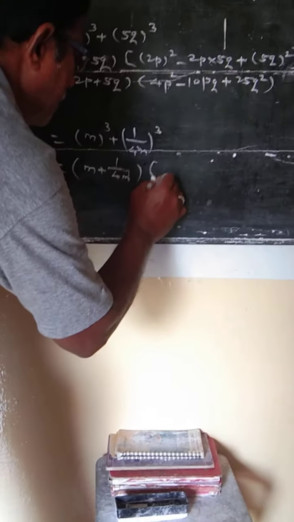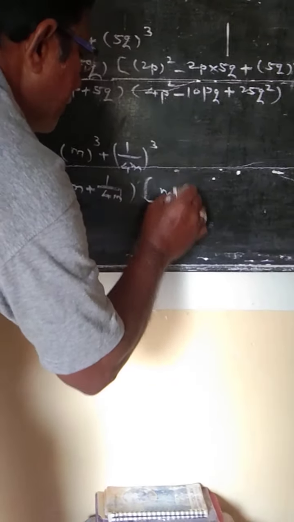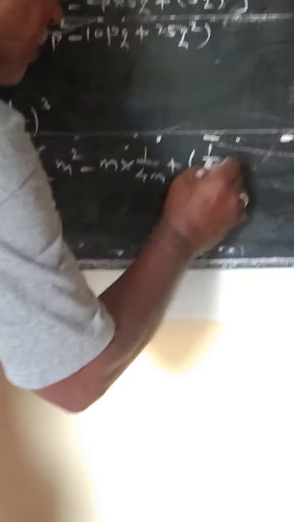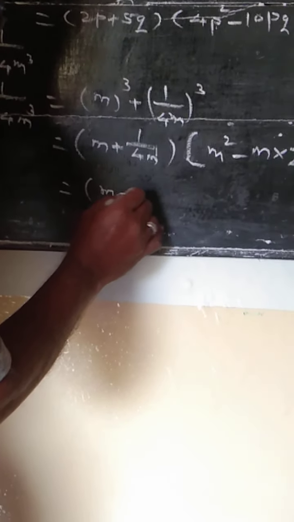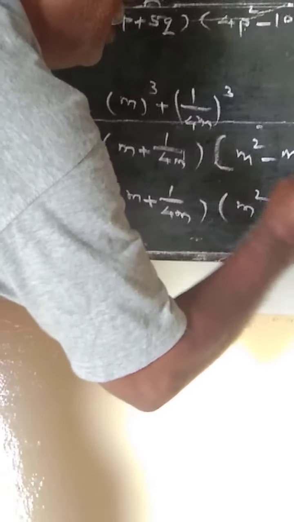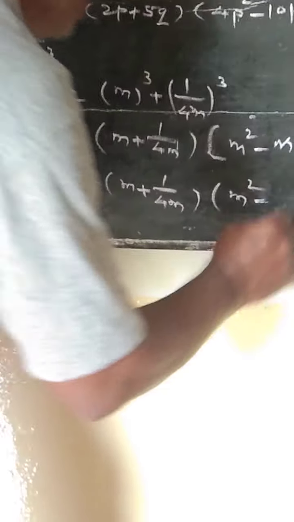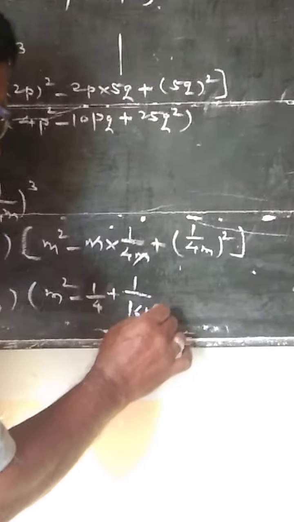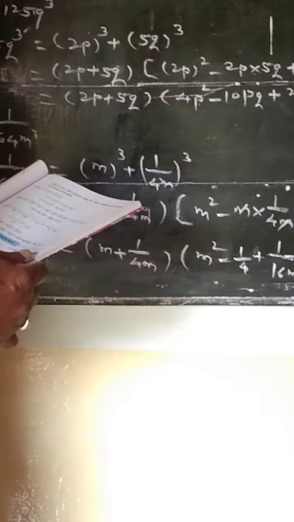The second bracket, taking square bracket, m square minus m into 1 upon 4, and plus the square of 1 upon 4. Square bracket complete. m plus 1 upon 4, then m square minus, the m cancels, only 1 upon 4, and the square of 1 upon 4 is 1 upon 16. Round bracket complete. So m square minus 1 upon 4 m plus 1 upon 16.